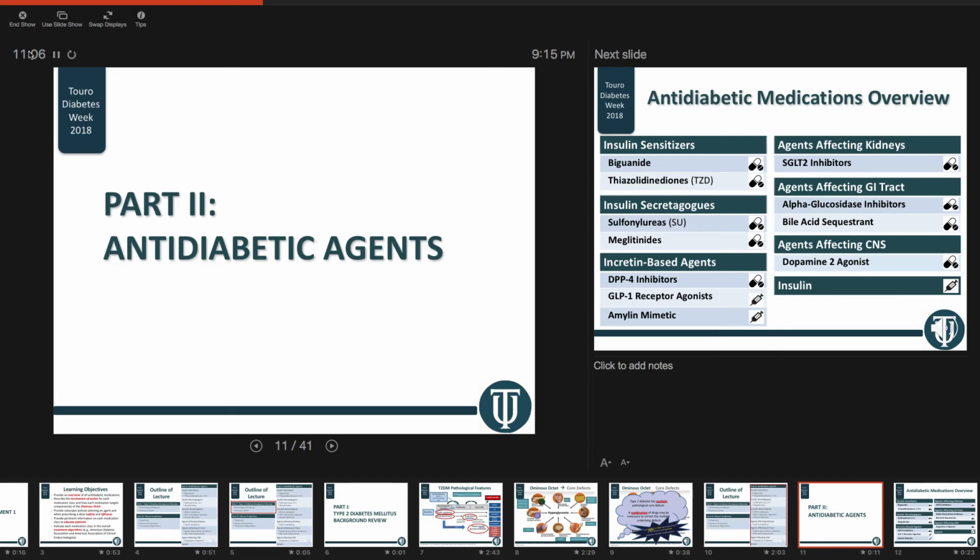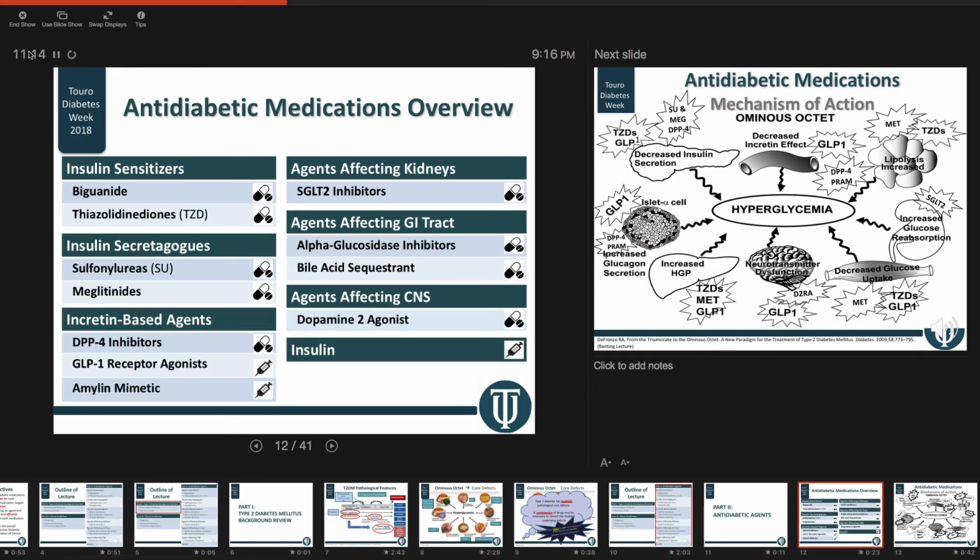So let's get into the meat of this lecture, the diabetes agents. Again, here are the different classes, and we made some symbols to distinguish the oral forms.